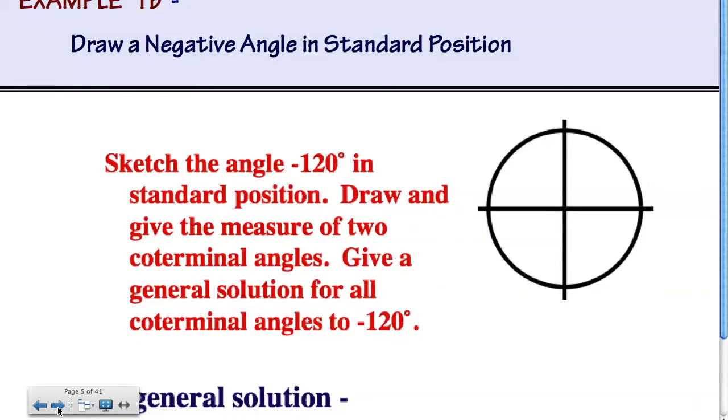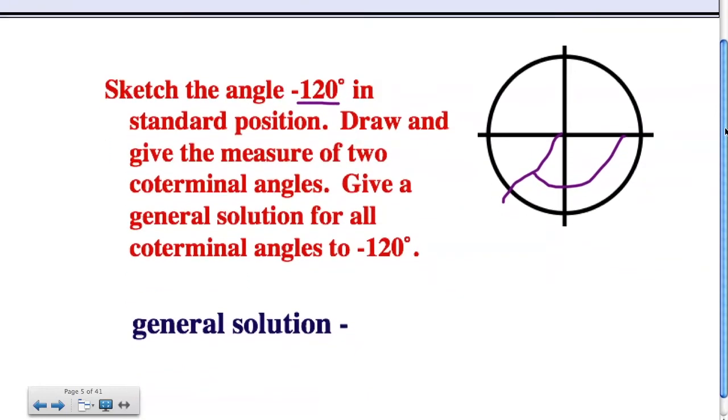Okay, example 1b. Draw a negative angle. We sort of touched on negative angles on the last slide. Negative means you're going the opposite direction, so we say clockwise. So I'm going 90, 120 is about there. Now I draw my terminal arm. Okay, there's my arm. So that angle is negative 120. Now it says we have to find 2 coterminal angles.